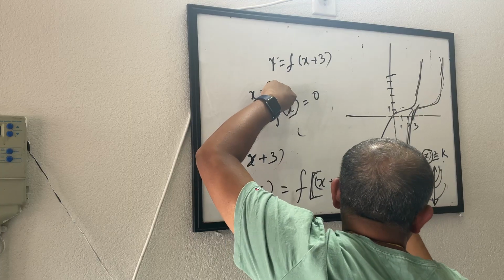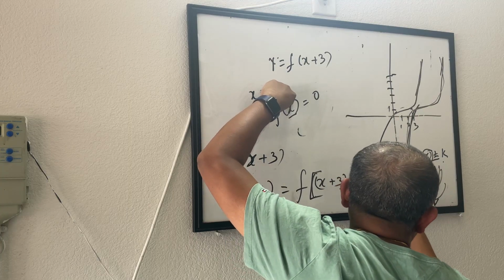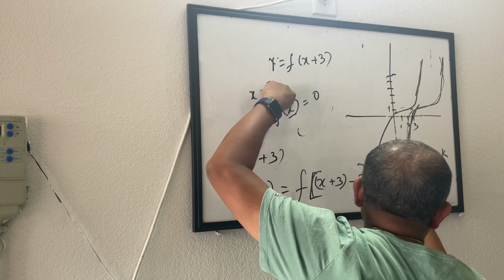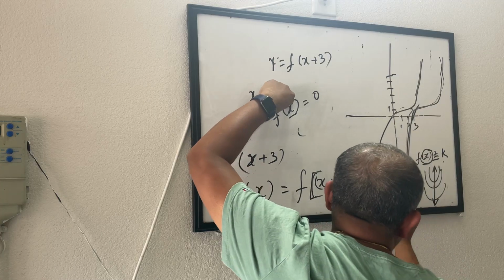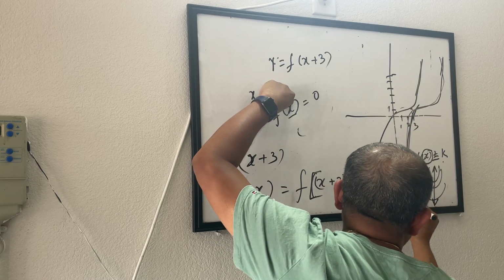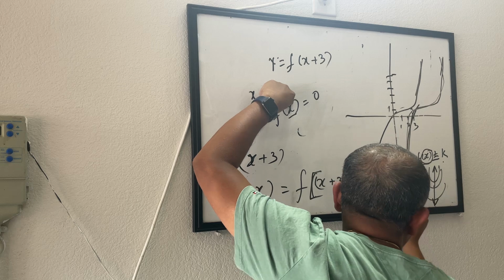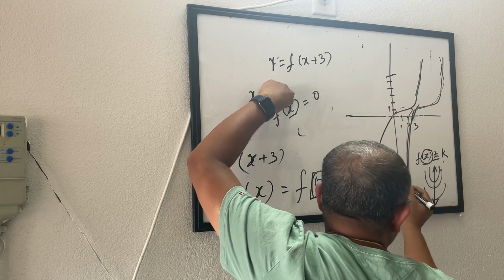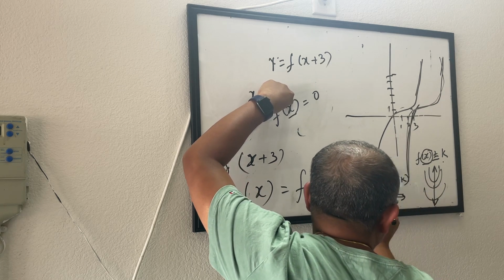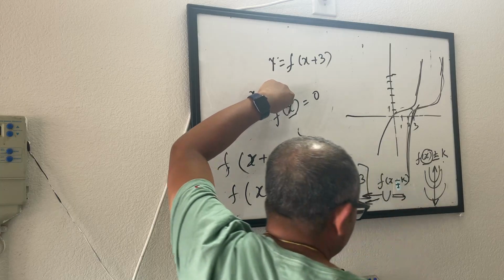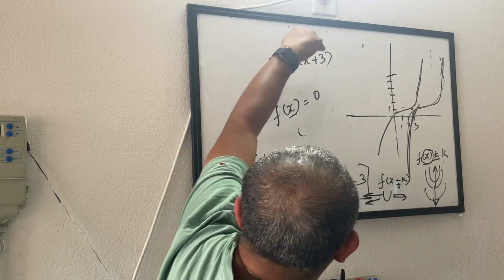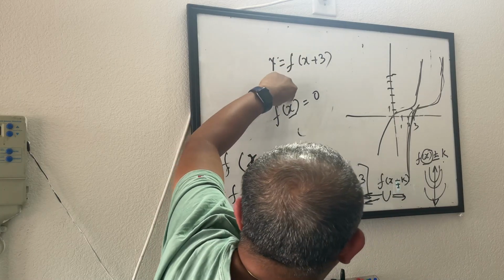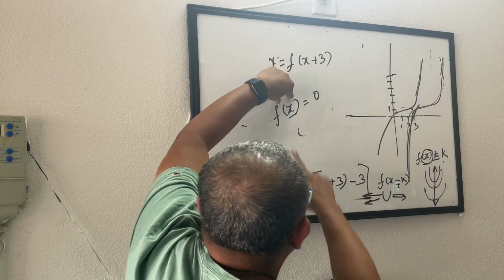Second thing we saw was function of x minus k or plus k moves the graph in this direction or this direction. If it is minus, it moves in this direction by that many units. If it's a plus, it moves on the left side by that many units. So if I have to come from x plus 3 to x, I'm talking about subtracting by minus 3.